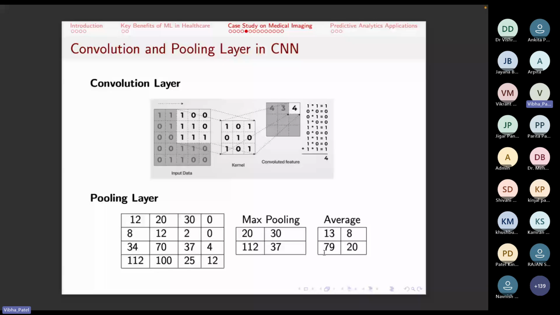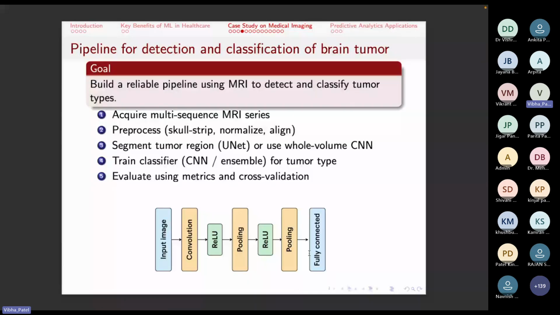Now, in between these two things, there is another concept of regularization. So ReLU is introduced between convolution and pooling. You may not find this explicitly shown in the networks, but in order to introduce non-linearity in the process, ReLU is being used.